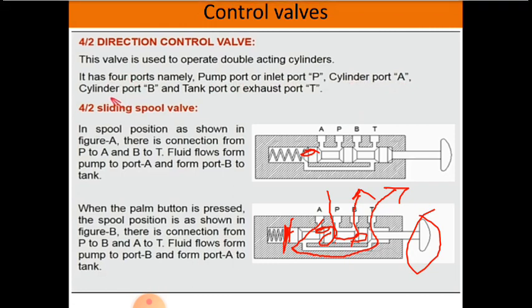But for that, understanding the concept is very important: in which direction the fluid has to flow, so that your actuator can move in a particular direction. These 4 by 2-way directional control valves are basically used for double acting cylinders.